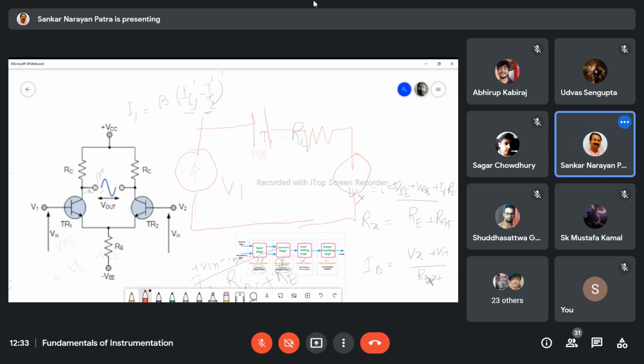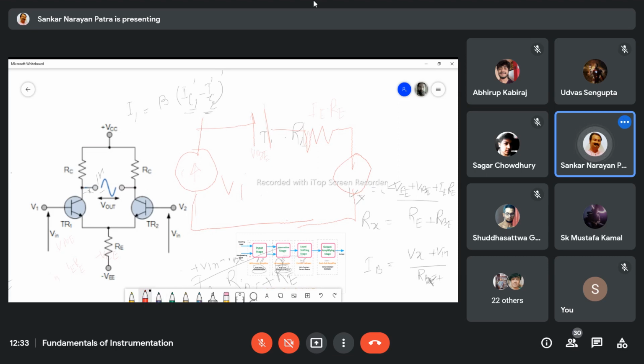This is RE. IE RE will flow when your transistor is switched on. Otherwise, it will not conduct. The transistor is required to be switched on, then there will be current IE RE.